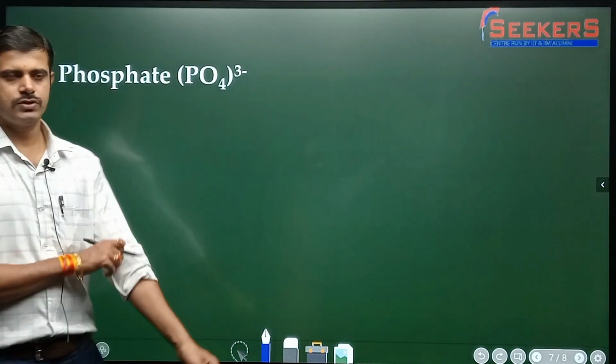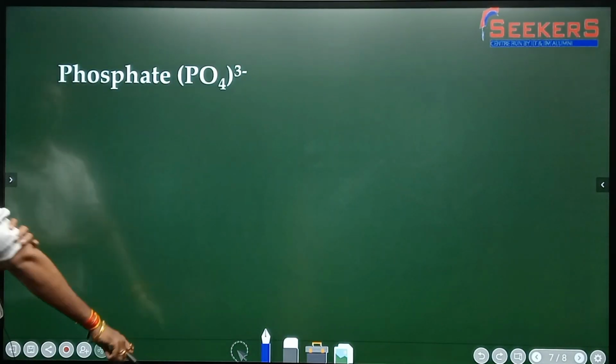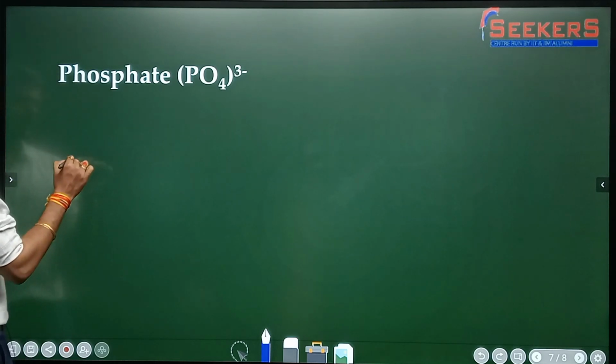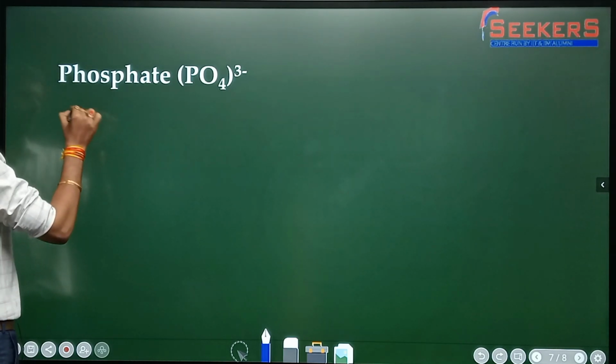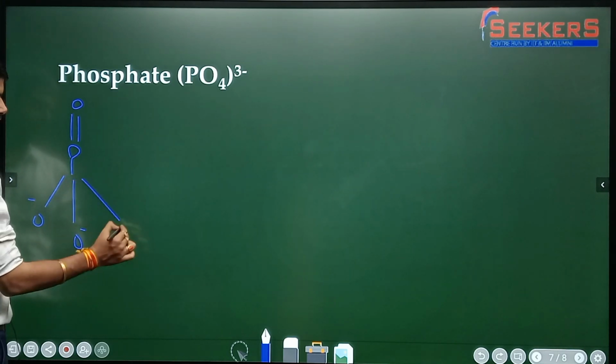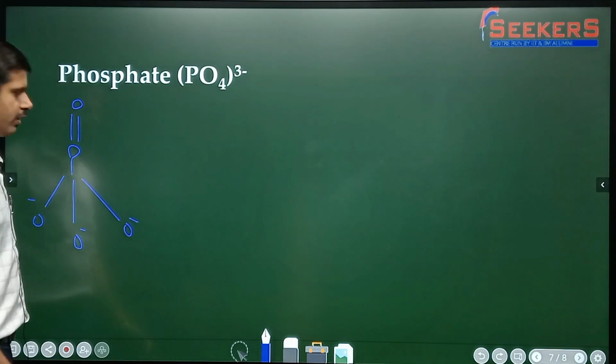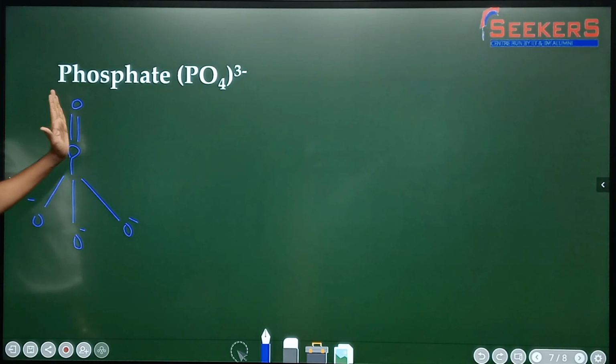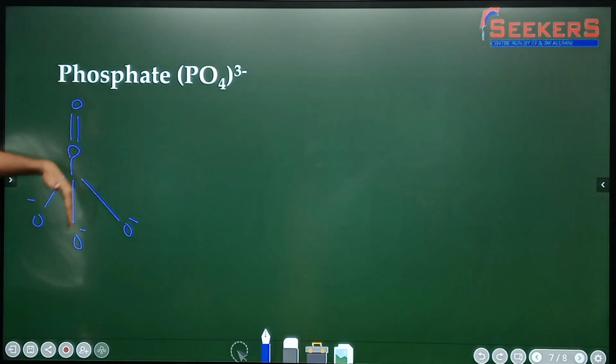Now the next thing is the phosphate structure. Phosphate is PO4 3 minus. There is phosphorus with a double bond to oxygen, and single bonds to oxygen negative, oxygen negative, oxygen negative. Now what happens here also? This double bond can shift from here to here, and from here to here.